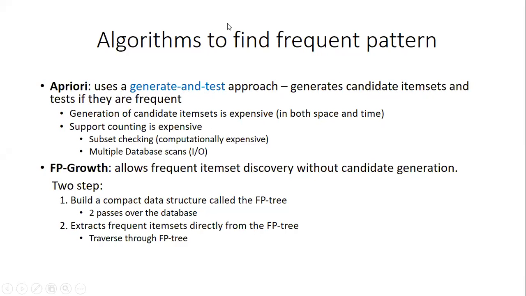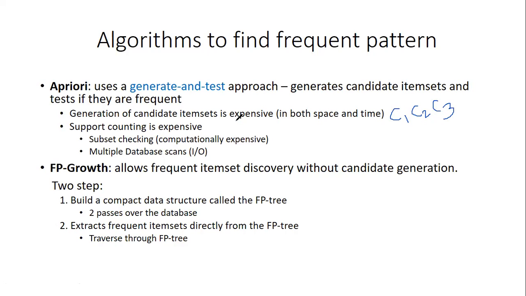The only thing is that it is iterative in nature, and level-wise we generate the candidate item sets: C1, candidate one-item sets, C2, candidate two-item sets, C3, candidate three-item sets. Like that, level-wise, we go on finding the candidates.